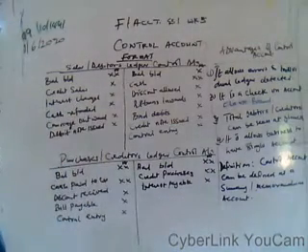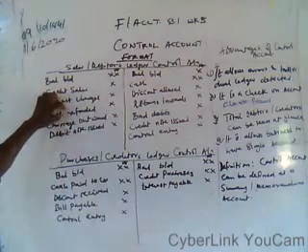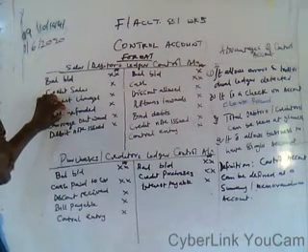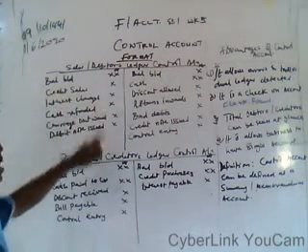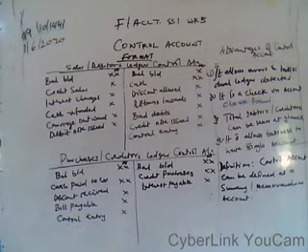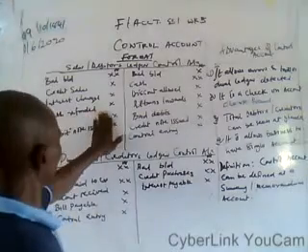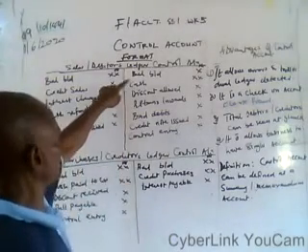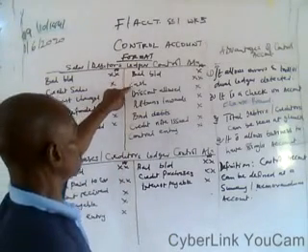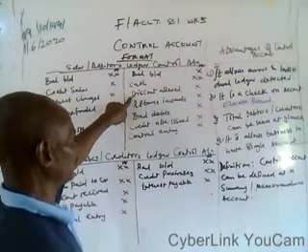Interest charged must be here. Cash refunded to customers must be here. On the credit side, you have cash received from customers and discount allowed.